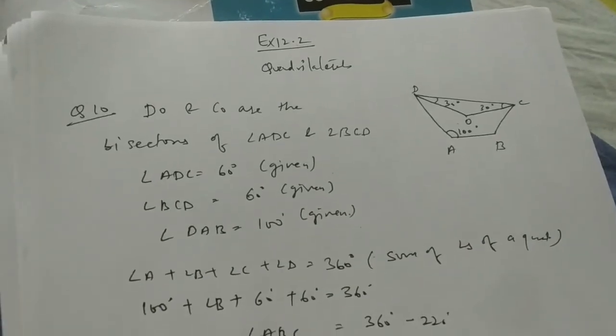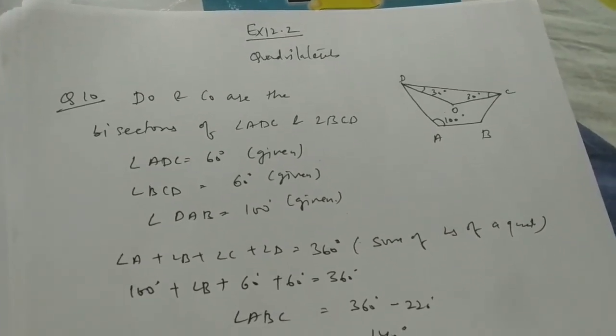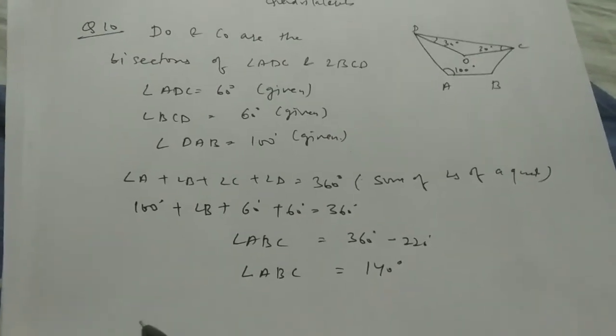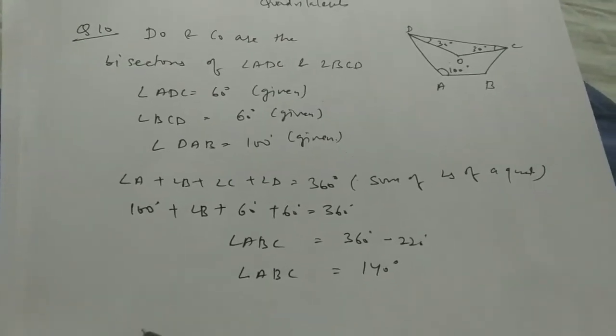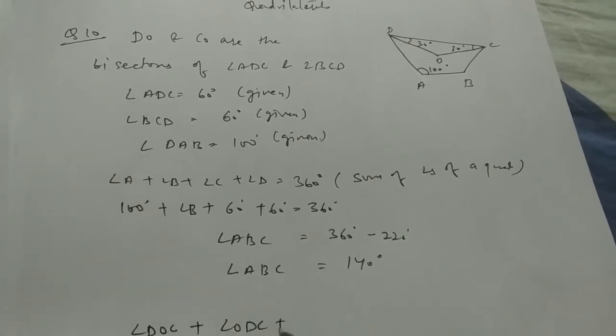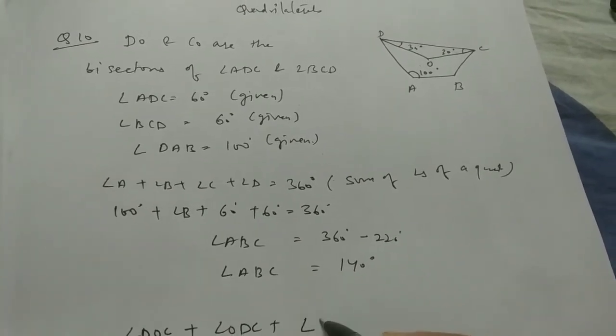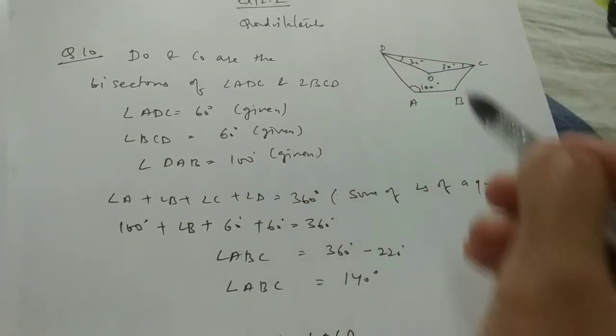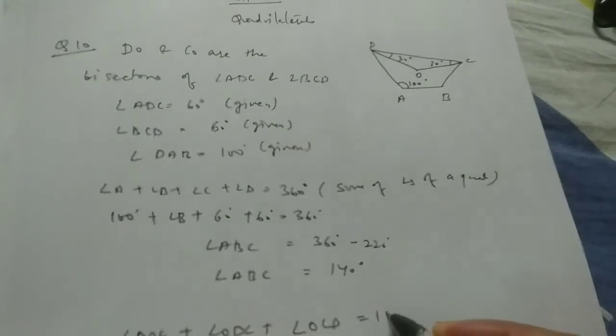Have a full glance. So further we can write angle DOC plus angle ODC plus angle OCD in this triangle equal to 180 degrees.